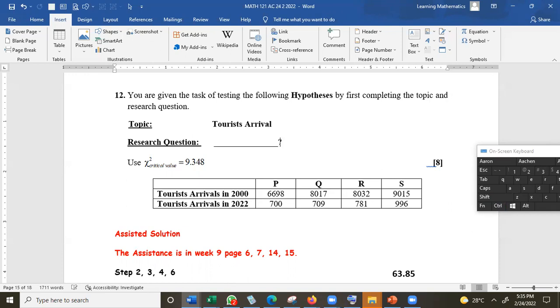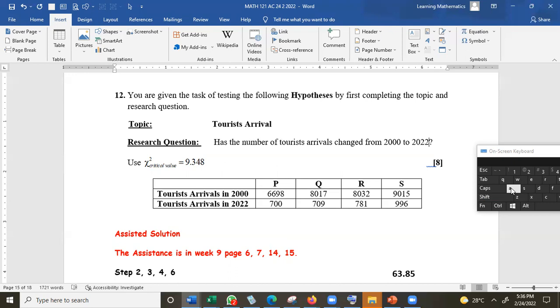Okay, so the research question can be, has the number of tourist arrivals changed from 2000 to 2022?